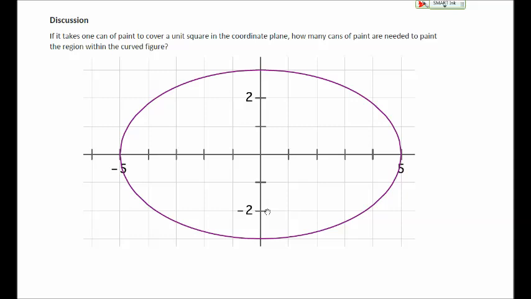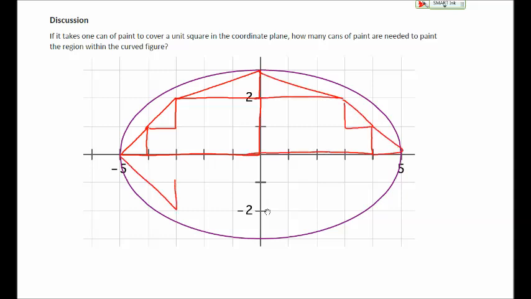I will begin to draw in some triangles or rectangles to help me figure out what a lower bound might look like, and then an upper bound, and I know that it's somewhere in between there. So if I start drawing in some triangles, then I get some shapes that I know how to find the area of.